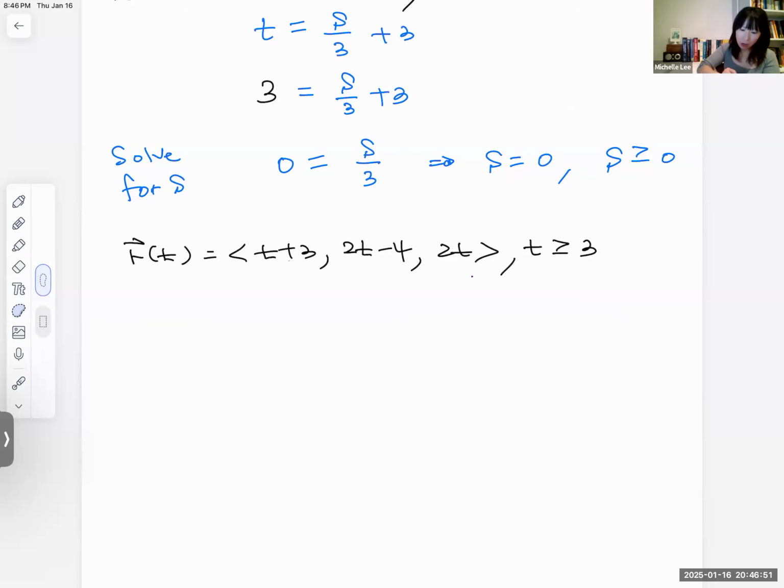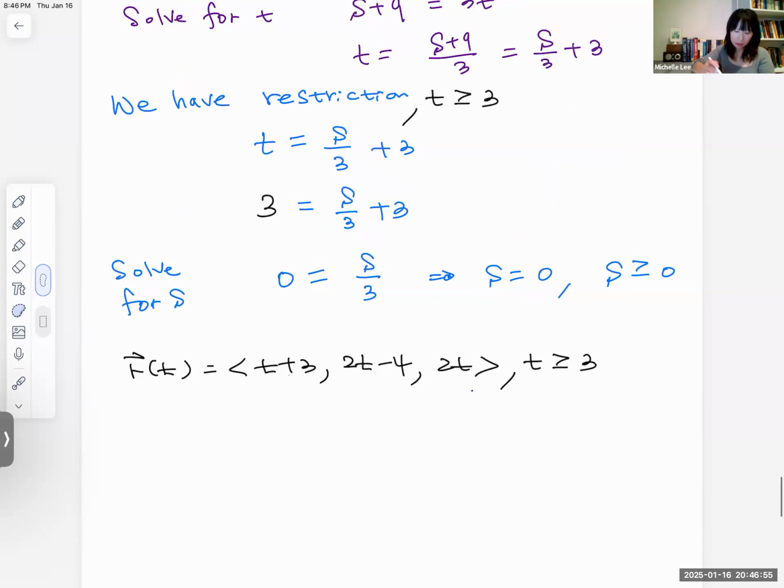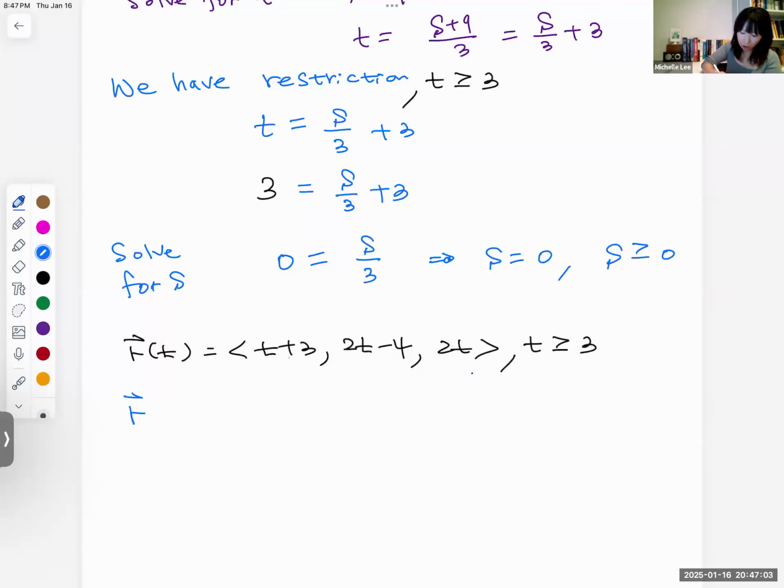Then r of t, which is r of s over 3 plus 3, equals t.